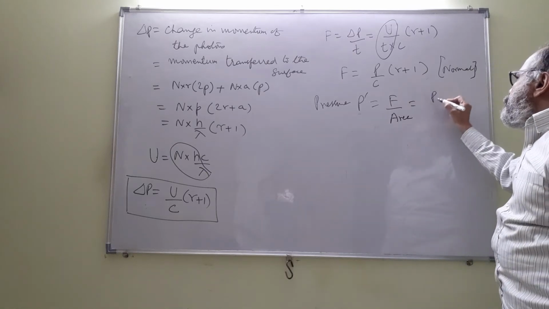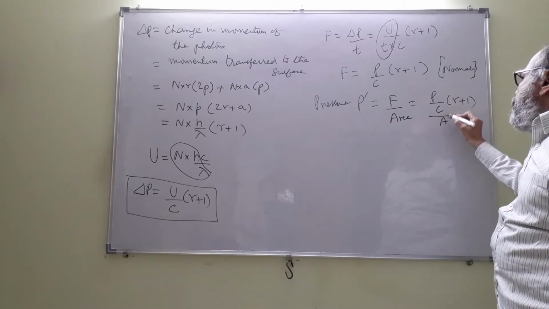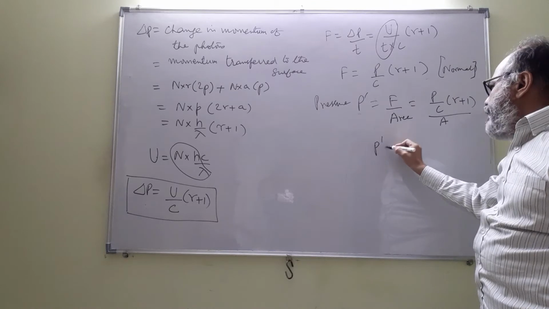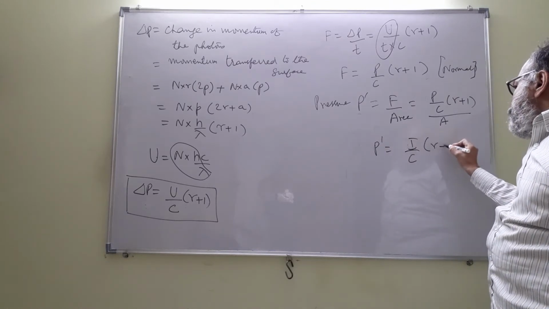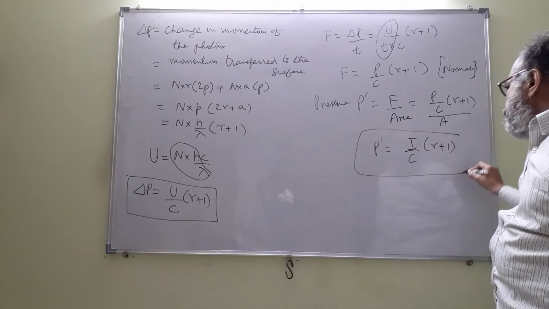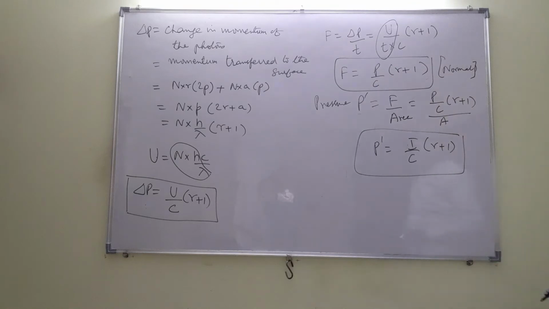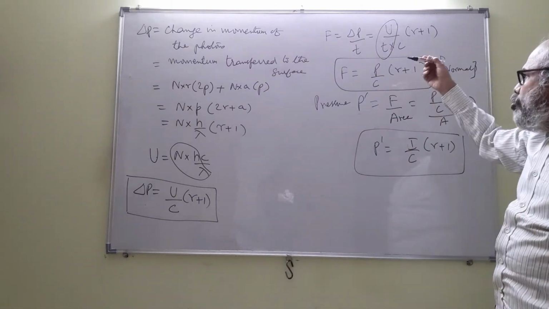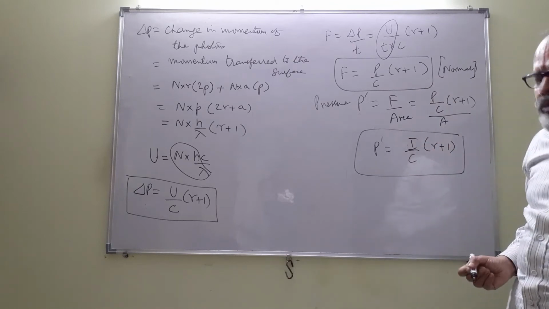So the normal force is P by C into R plus 1 by the area, and P by A is the intensity. So the pressure P dash would be the intensity by C into R plus 1. These are the expressions for the change in momentum, the force, and the pressure for normal incidence.